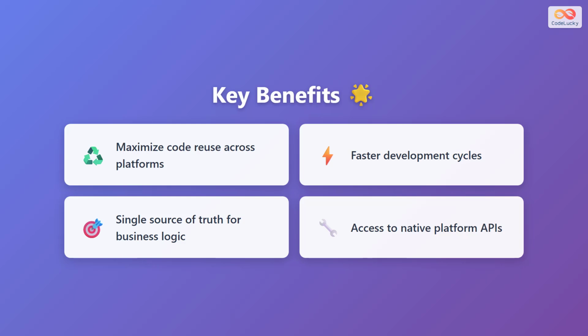Third, you establish a single source of truth for your business logic. This means fewer bugs and inconsistencies between platforms. And fourth, you still have full access to native platform APIs. Unlike some cross-platform solutions that limit your access to platform features, Kotlin Multiplatform gives you the best of both worlds: shared code where it makes sense, and native access when you need it.